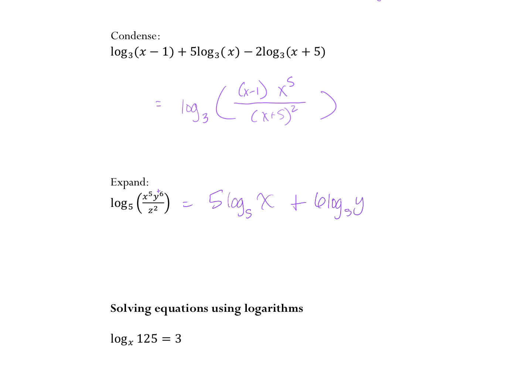Oh yeah, plus 6 log base 5 of y, and then minus log base 5 of c squared. Except I'm going to bring that exponent of 2 down in front. Oh yeah.